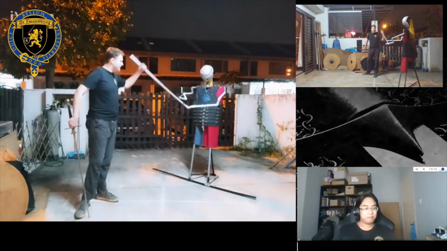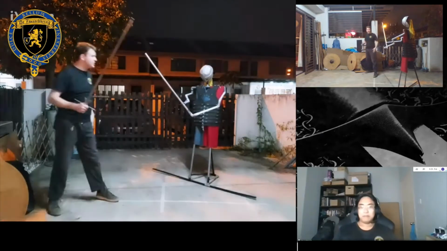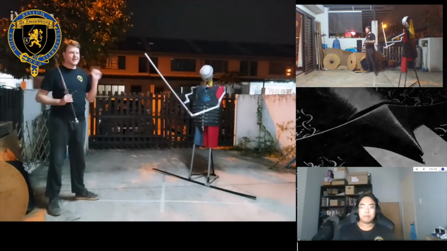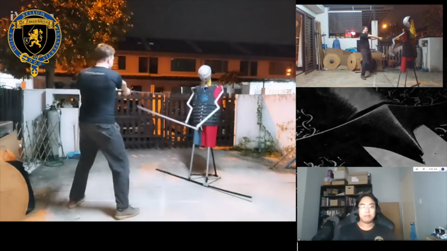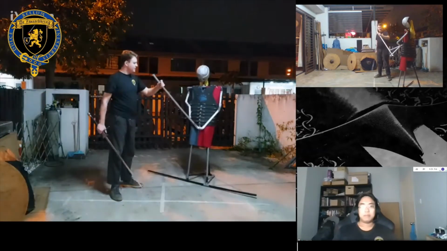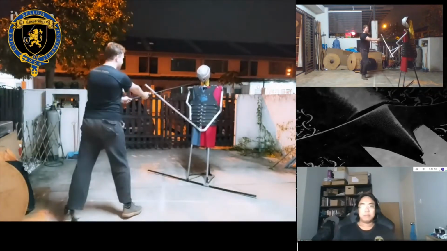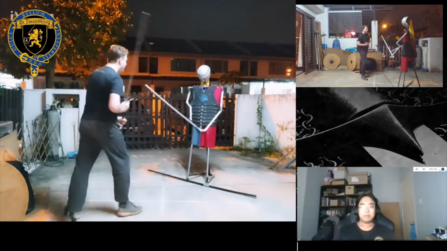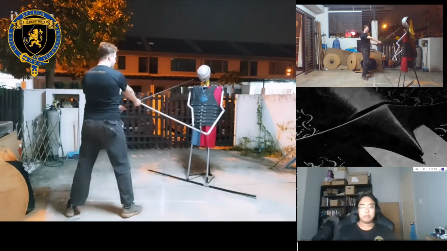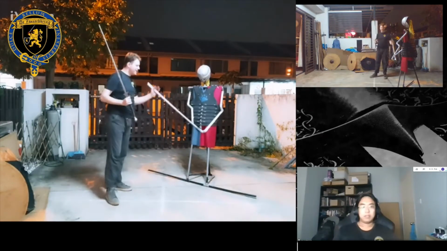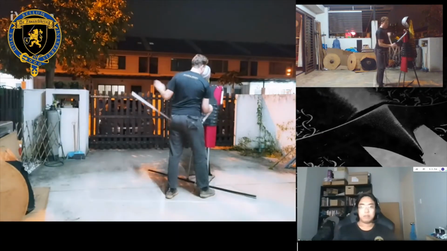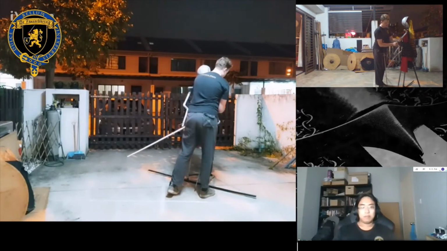And what you want is one person to be doing the attacking, and after every attack, the defender is going to try and defend, but the attacker needs to attack in such a way that every time he attacks with his tip on his opponent, whether that is in a bind, so where the swords clash together, or where I cut his sword away, and then I attack him. And like I said, you get this when you attack his weak.